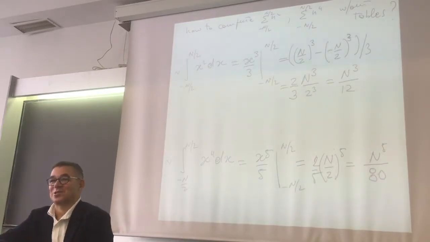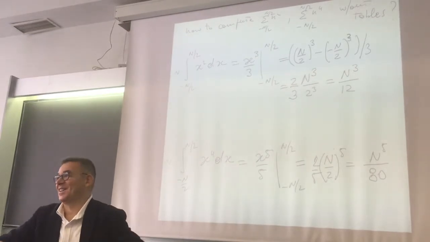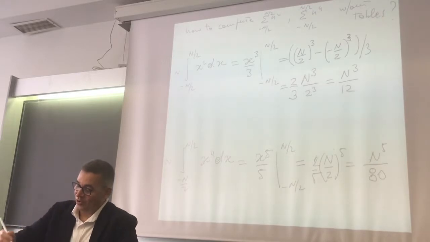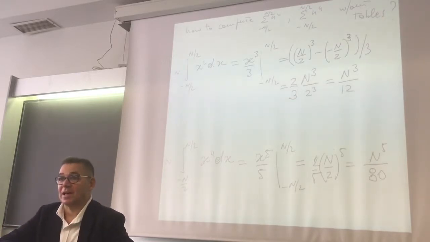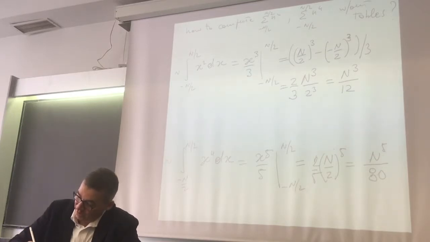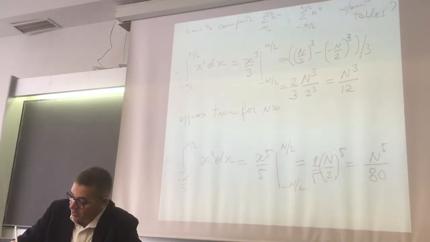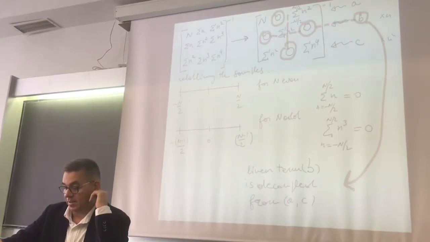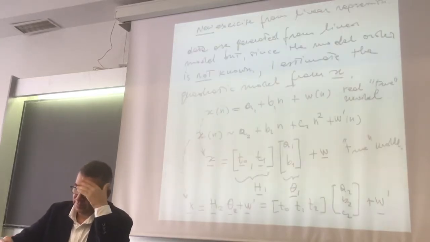I trust you, but I trust myself more. That's it. So now I plug this one into my solution. Now these are true approximations, true for n much larger than 1. So I plug in, then I get n.